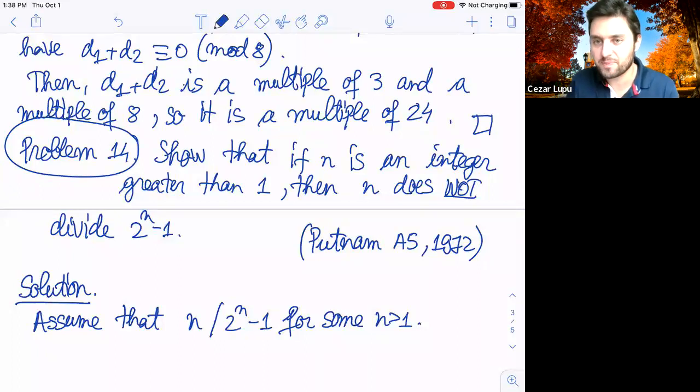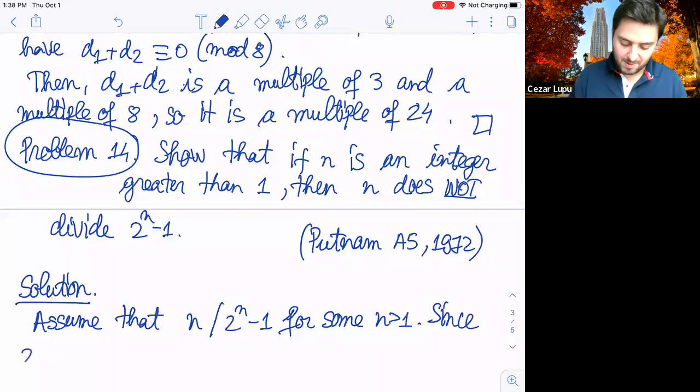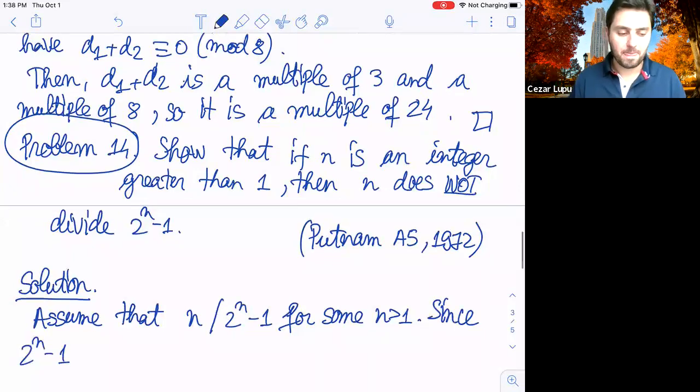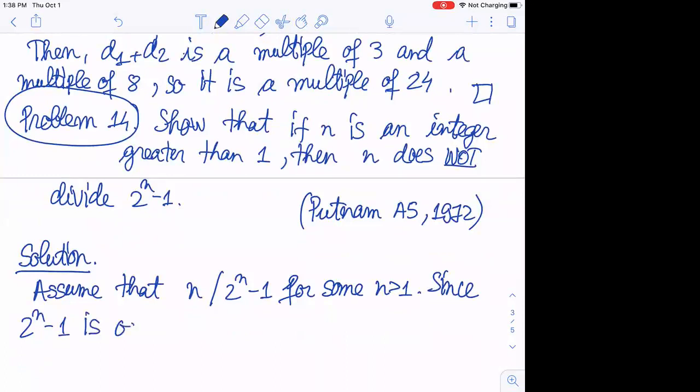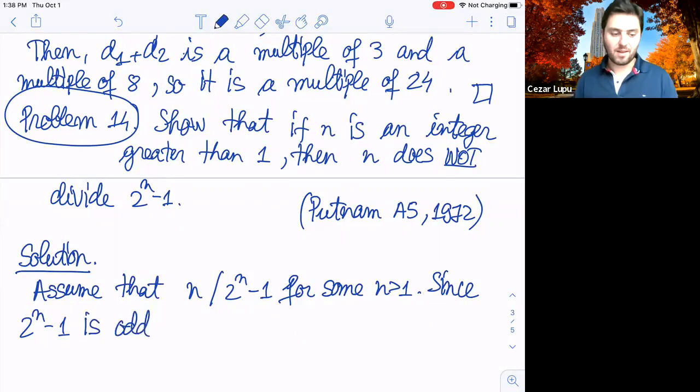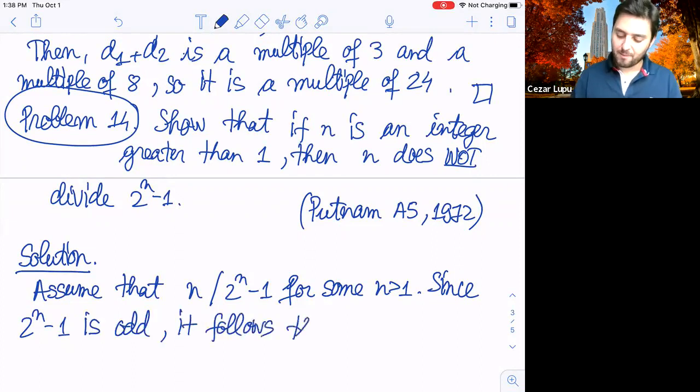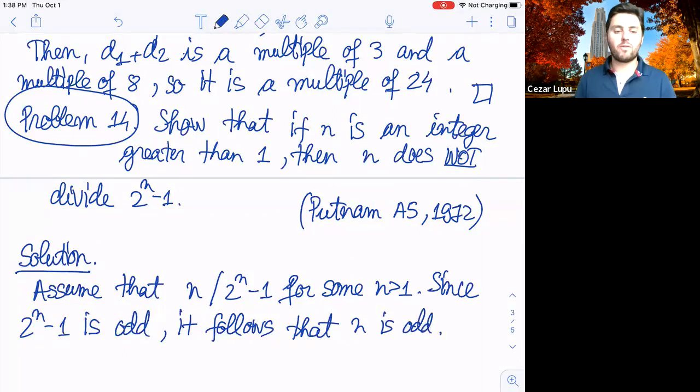Is it odd or even? It is always odd. Since this is odd, it follows that n is odd. So at this point, we know that both of them are odd numbers.